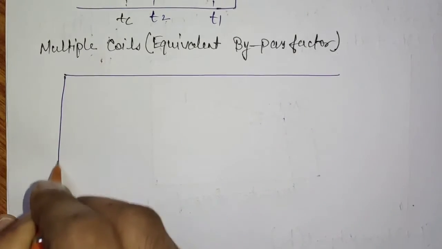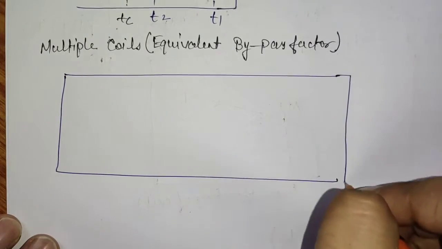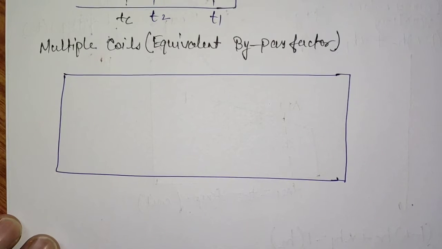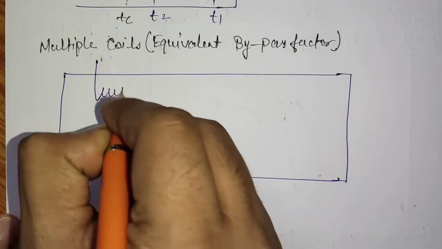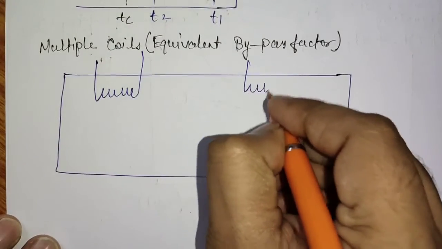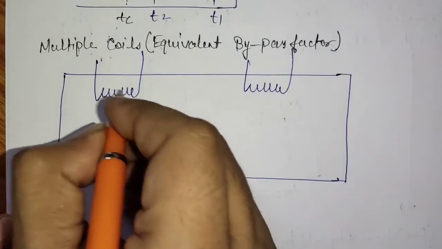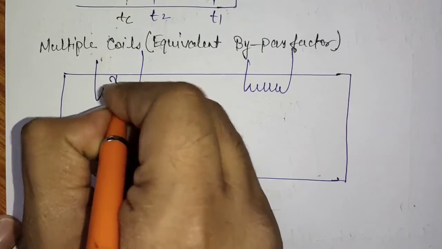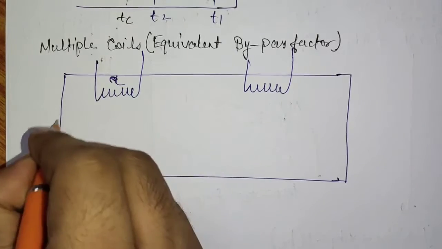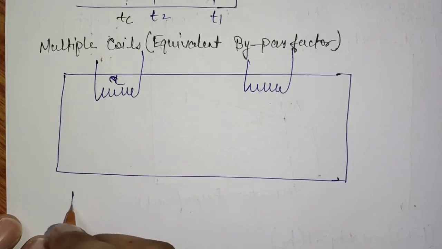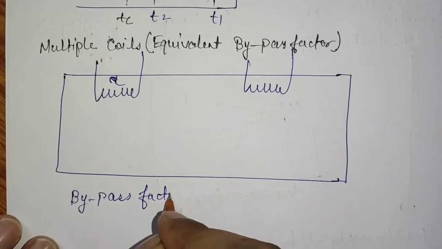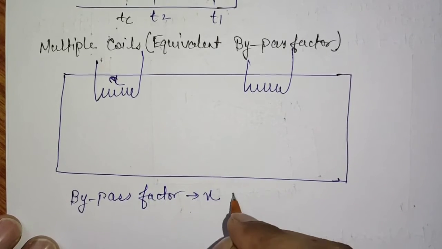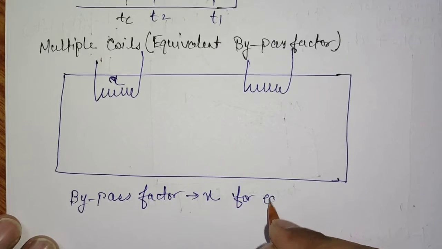There are two coils connected in series, with bypass factor as X each. Bypass factor of each coil is X.